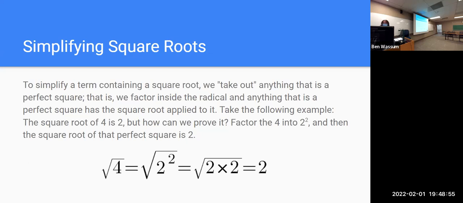Because it's 2 times 2. And anytime you have a perfect square, it comes out. It essentially breaks down because the square root of a perfect square kind of cancels. So you look at this and say, oh, well, I have the square root of 2 squared. The square root and a square cancel. So it's just a 2.